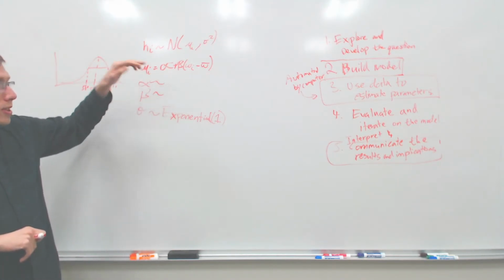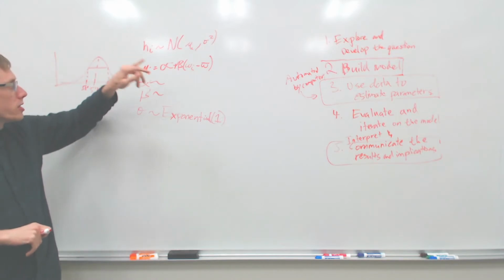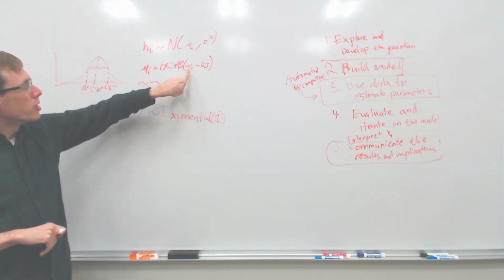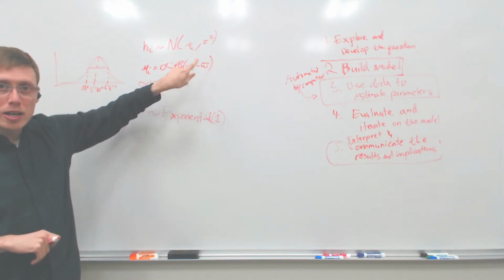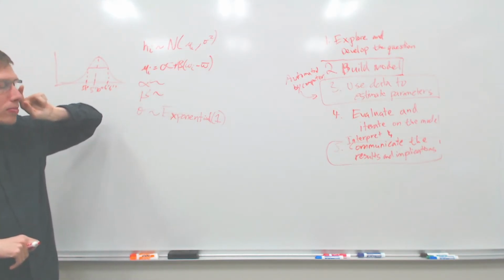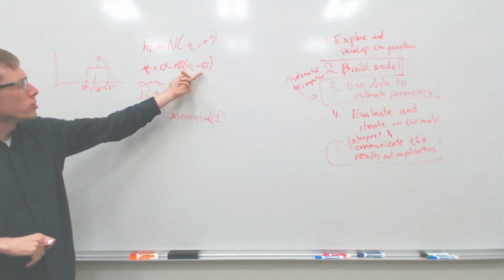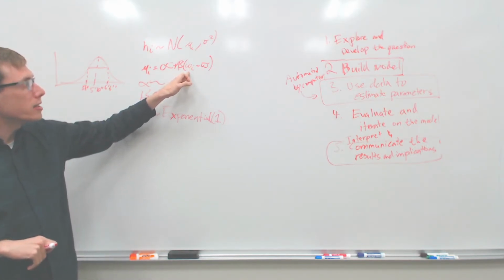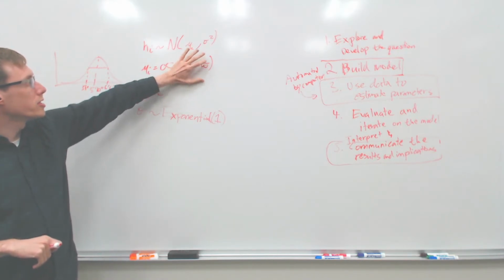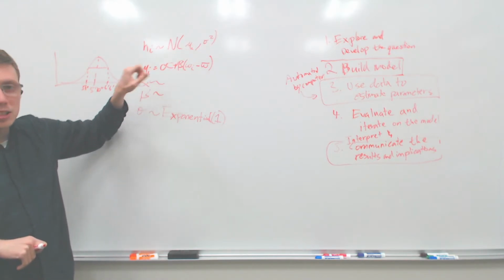Because if we want to interpret this alpha, when does this term go to zero? Well, now it is when this person's weight is equal to the average weight in the population or in the sample, right? So now what we say is that when the person is of average weight, this term goes to zero and their expected height is just equal to alpha.